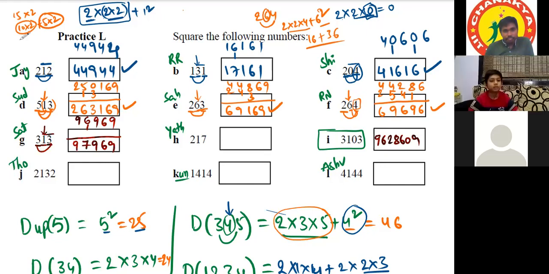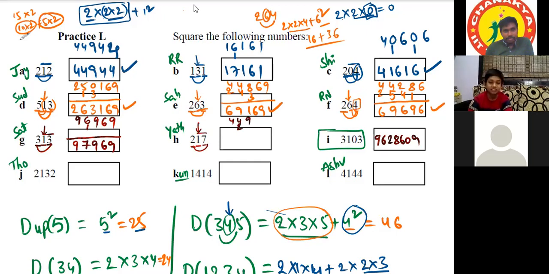Then Yadharth? Yes, sir. Sir, 2 duplex is 4, sir. 21 duplex is 2 into 1 into 2, that is 4, sir. Okay. So then 217, sir. 2 7s are 14. Double is 28 plus 1. Sir, 29. 2 here, 9.